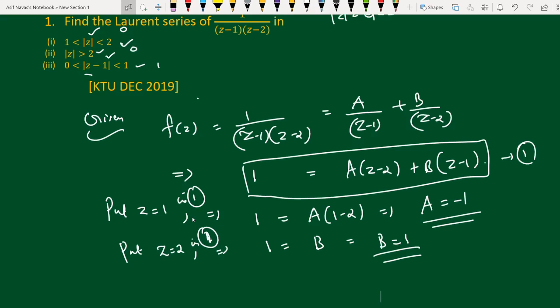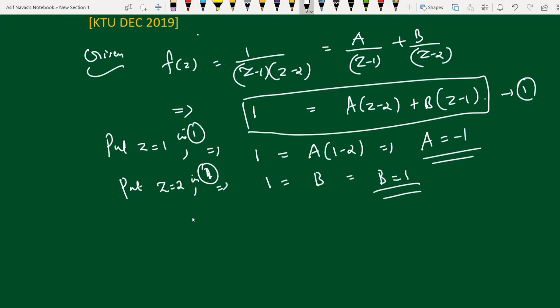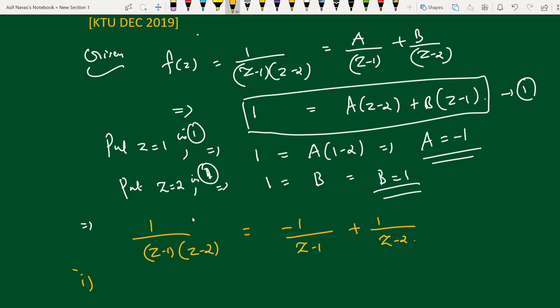So the equation can be written as 1 by z minus 1 into z minus 2 equals minus 1 by z minus 1 plus 1 by z minus 2. So what is our first region?